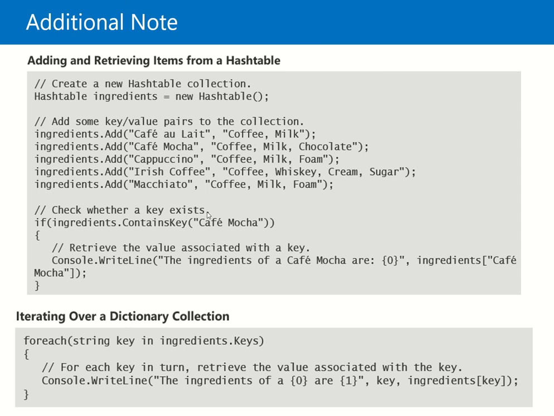So at first it will display cafe au lait, and then it will display whatever value is pointed to by this key. So it will display cafe au lait, or cafe milk, and so on. So it will display all of this in the console.